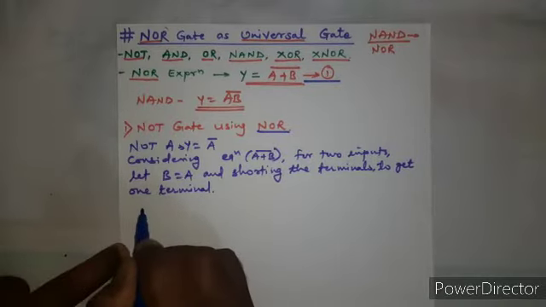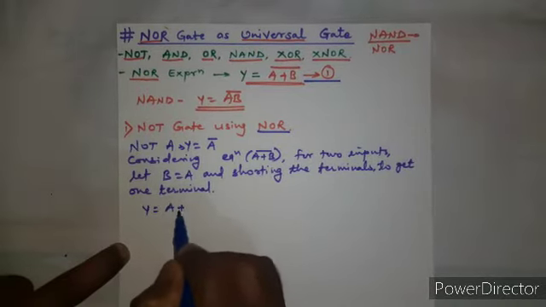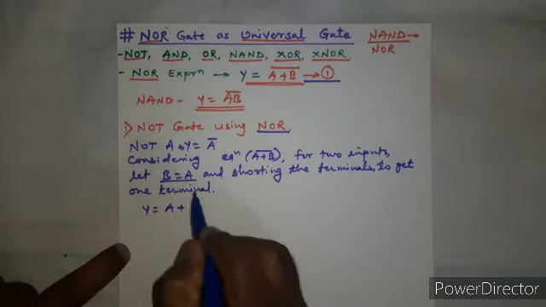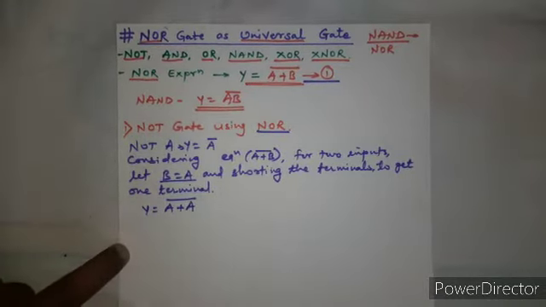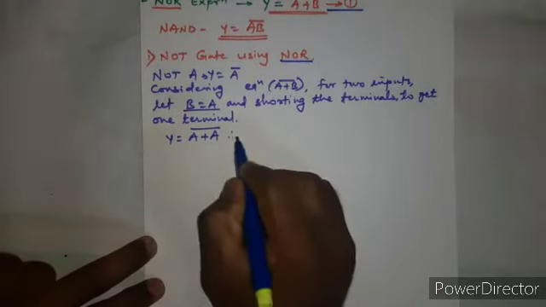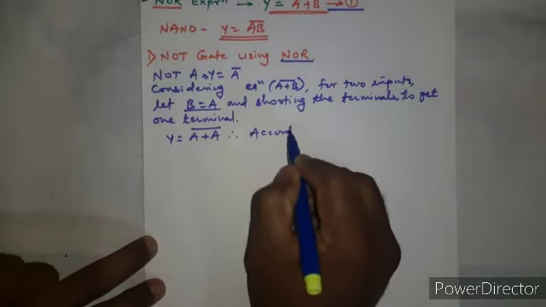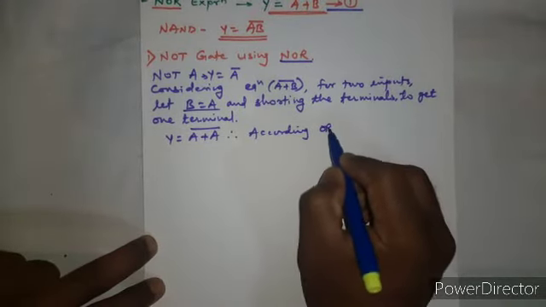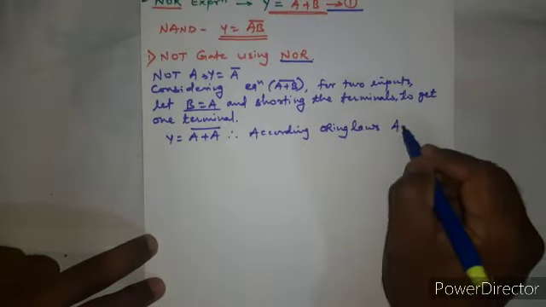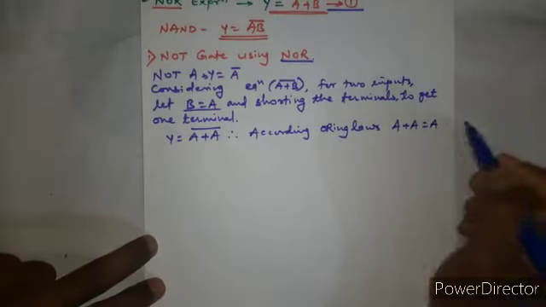Okay, so what is equation 1? Y equal to a plus b, whole bar. Now b we have taken here as a, so it becomes a plus a. Okay, now according to ORing laws, a plus a equal to a.